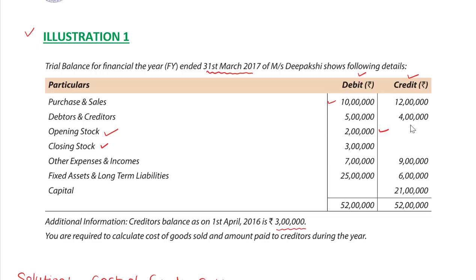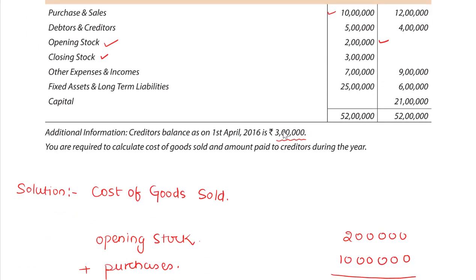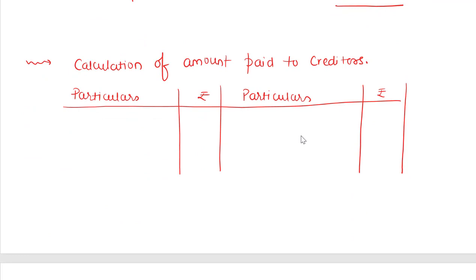Creditor, the closing balance is 4 lakh over here, and opening balance of creditor is 3 lakh, given in the adjustment. So opening balance of creditor, by balance brought down, 3 lakhs, to balance carried down, closing balance 4 lakhs.